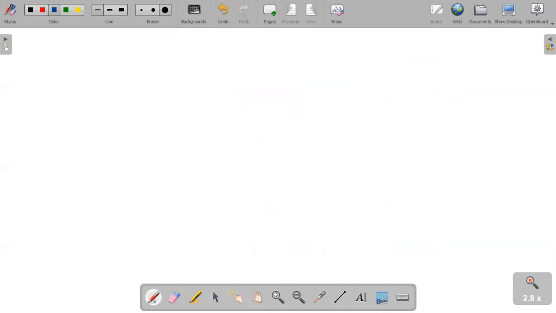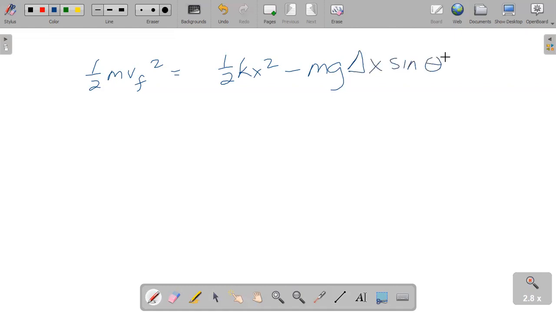Okay, so we have the final. Oh, let me just go ahead and do the derivation. Okay, so 1/2 m v final squared equals 1/2 kx squared minus mg delta x sine theta. So this is what we have left. This gives it the initial energy, that takes it away, and then we have that left.